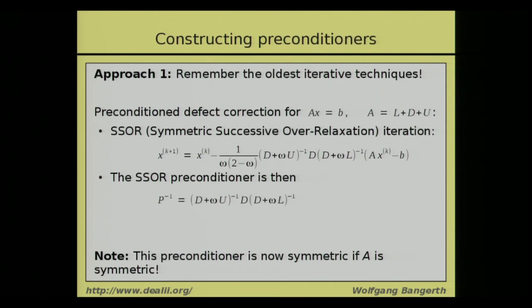Okay, so if you use these sort of methods, what you can show in practice is that the condition number of the preconditioned matrix is better than the condition number of the original matrix, and as a consequence, the number of iterations that you need to do in the CG method does not grow like 1 over h, but for example only grows like O of 1 over the square root of h.